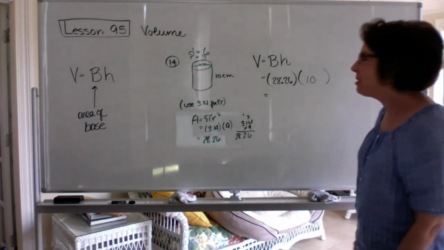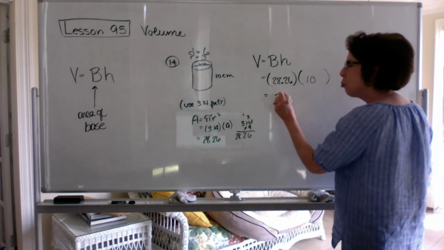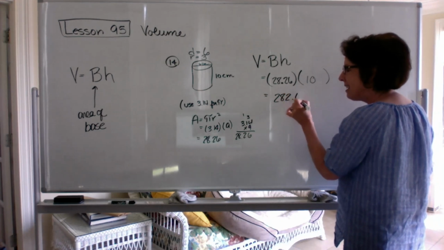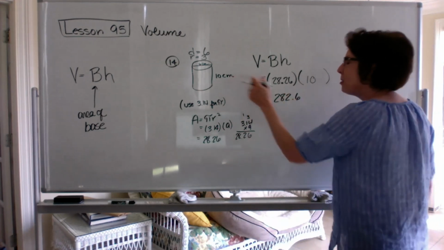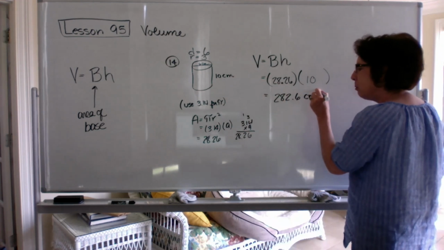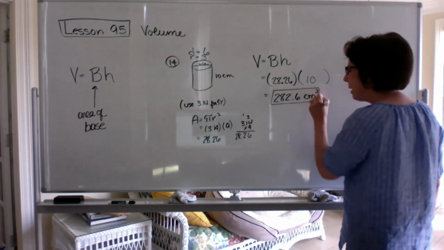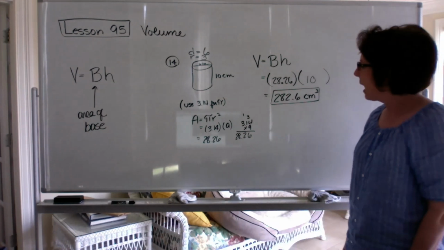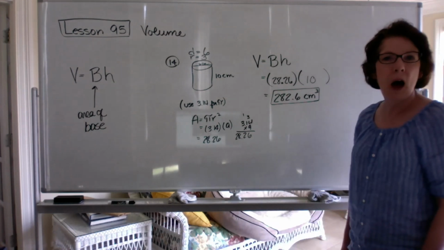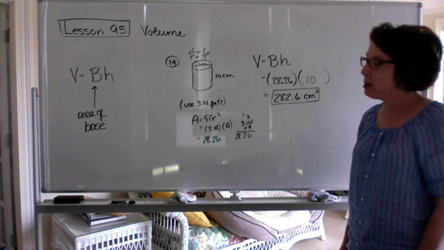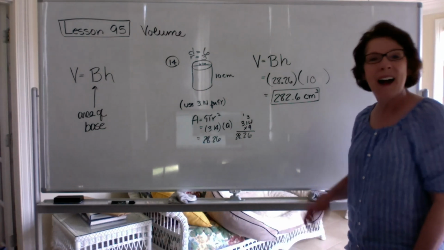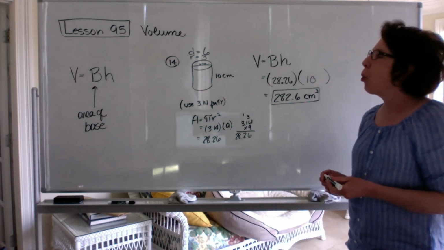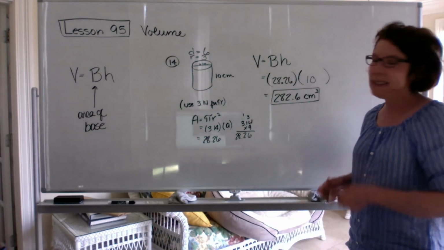I'm multiplying, so my decimal point is going to go to the right one place to 282.6, and then my units are centimeters cubed. I have multiplied area, centimeters squared, times a third dimension, the height. And there is the volume of my soup can. So that's how we do a volume formula with a cylinder.